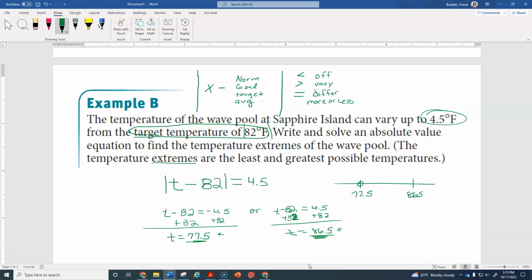Those two numbers would be the extremes. And then the average temperature in the middle right here would be 82. This would be plus 4.5, and this would be minus 4.5. Okay, just use this formula right here and look for your keywords when you're writing equations.